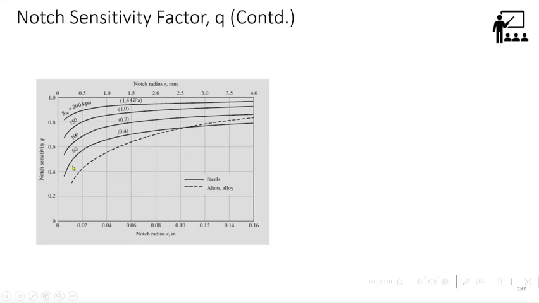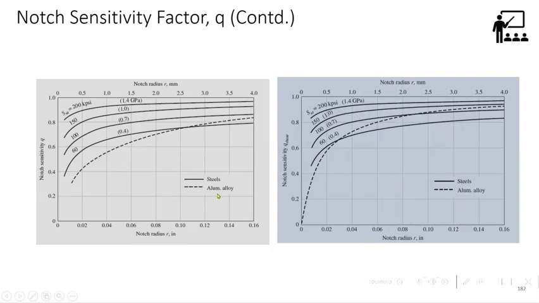Since steel has remarkably different ultimate strengths, there are different curves showing the variation between q and notch radius with respect to the ultimate strength of ferrous material, but for aluminum it's a single one. This is for tensile, and for shear it is like this.